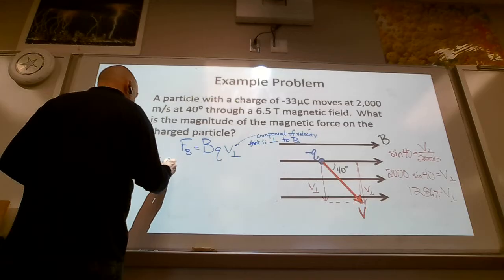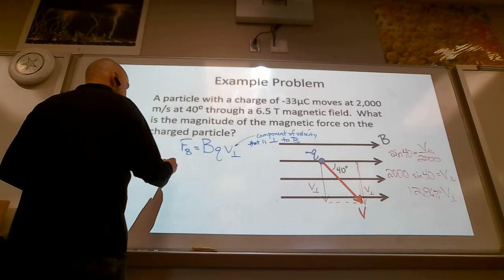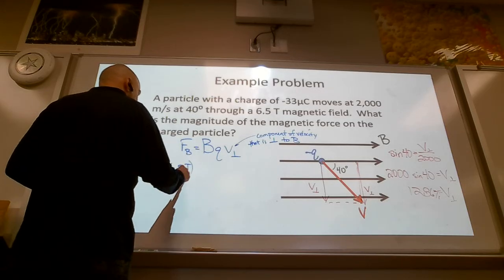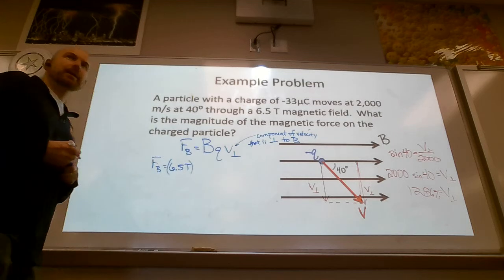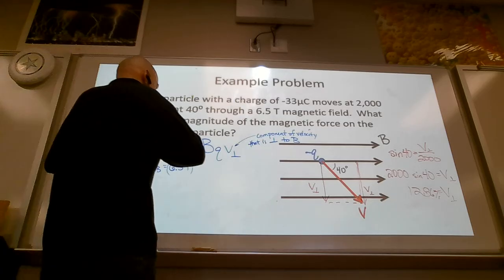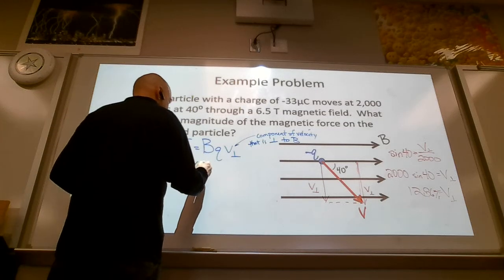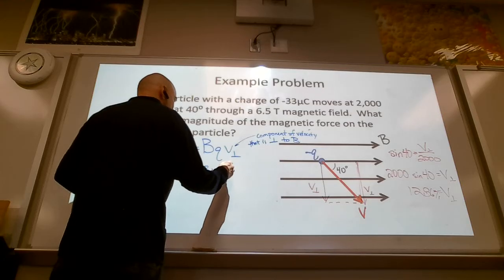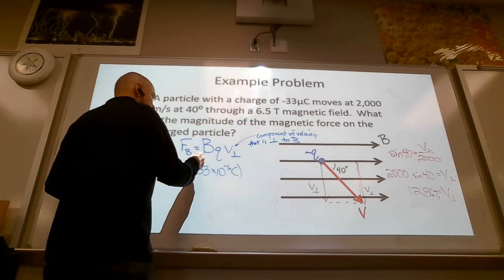So my magnetic force is equal to 6.5 Tesla. Tesla is the unit for magnetic field. Elon Musk got it from Nikola Tesla. This was the unit for magnetic field way before electric cars. 33 microcoulombs, or 10 to the negative 6th.